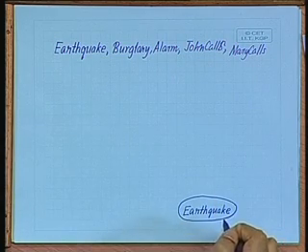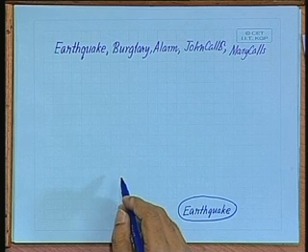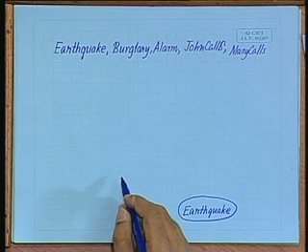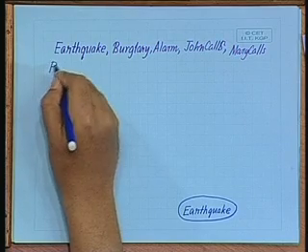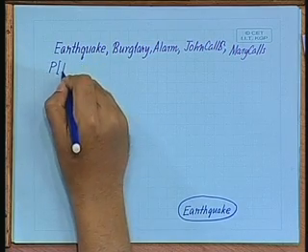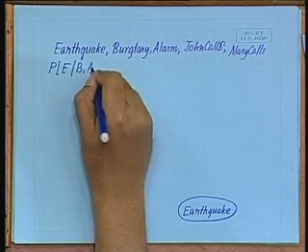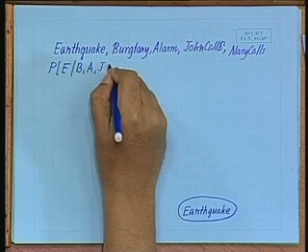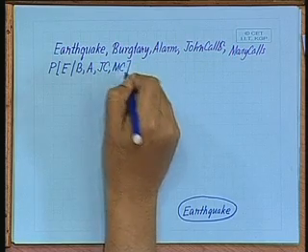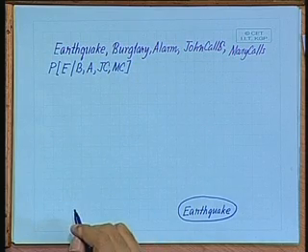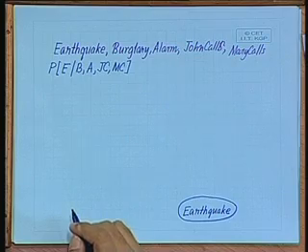So, now let us see, does earthquake depend on burglary? Can we make it independent of burglary? We are trying to reason about the probability of earthquake given burglary, alarm, John calls and Mary calls. Yes, isn't it?